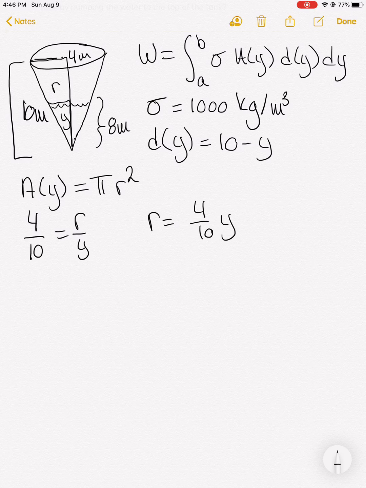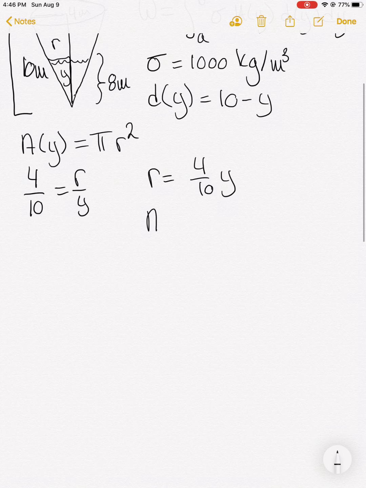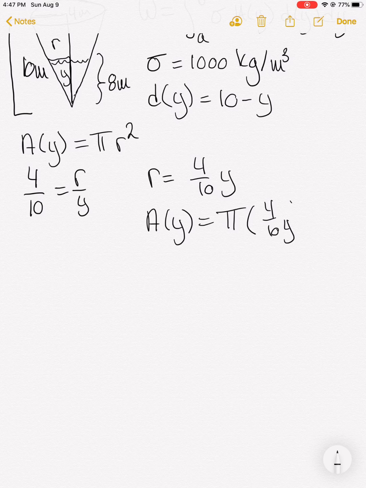And now that we've discovered r, we can plug this into the area. So area of y equals pi times (4 over 10 y) squared. And if you wanted to simplify this, it could be pi times 4 over 25 y squared.